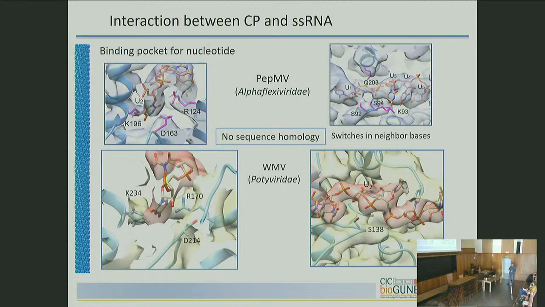And then we realized that despite not having sequence homology, there were some residues that were in the same place in both viruses. You know, the serine here, well, there are two here, aspartic acid, arginine, lysine here. So we started wondering whether there was something special there, some kind of conservation.